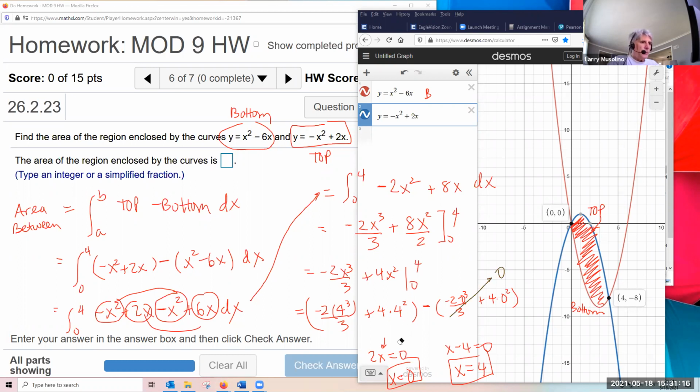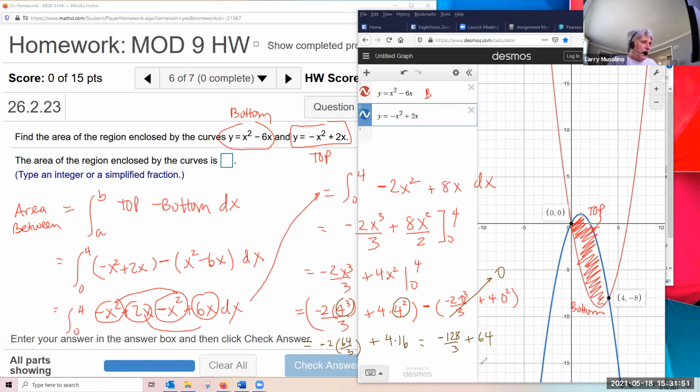And the front parenthesis works out to be, let's see, 4 to the third is 64. So this is going to be negative 2 times 64 over 3 plus 4 squared is 16. So 4 times 16. All right, so this is going to be negative 128 over 3 plus 64.